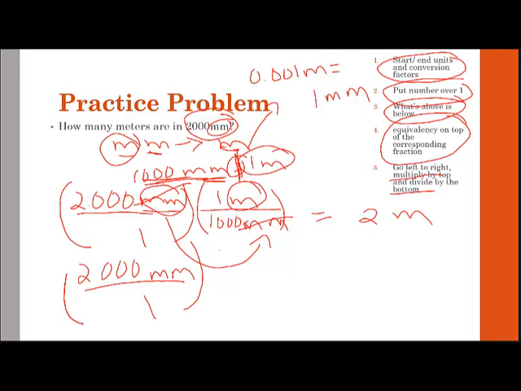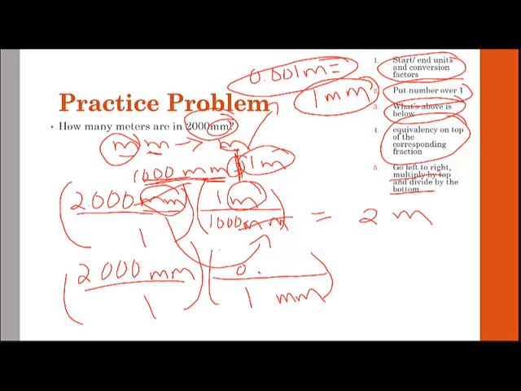We have millimeters on top, so we need to put millimeters on the bottom. This time the 1 goes with the millimeter, and our top is 0.001 meters. Millimeters cancel, so 2,000 times 0.001 is equal to 2 meters.